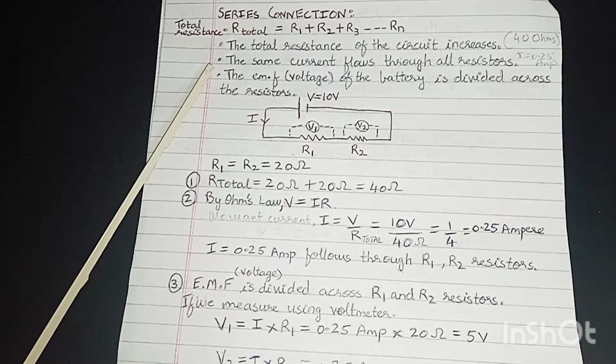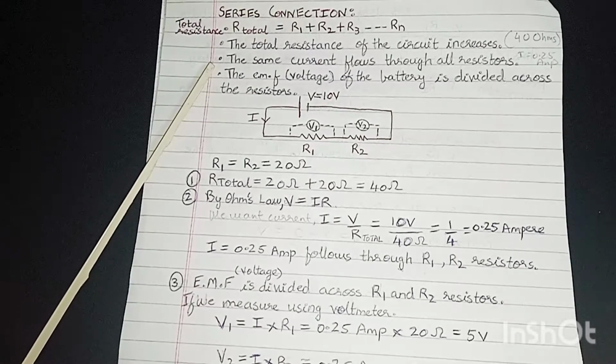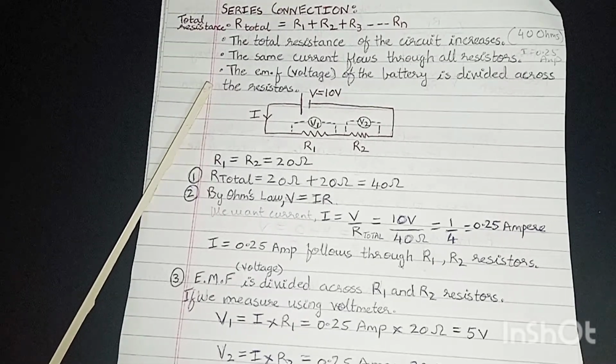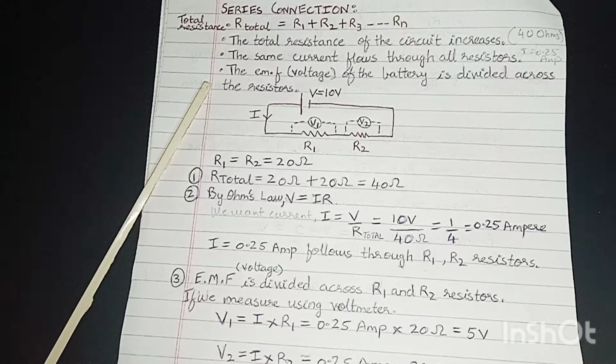Secondly, we will learn that the same current flows through all the resistances in a series connection. Then the electromotive force, the voltage of the battery, is divided across the resistances. That we will study in this video.